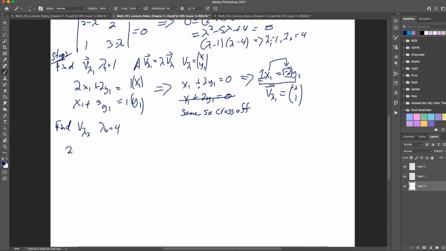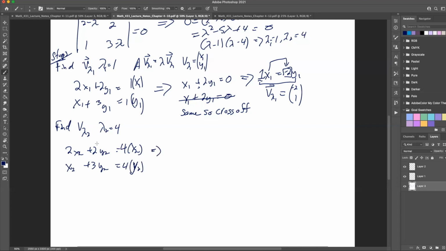So here we have 2x2 plus 2y2 equals 4x2, and then we have x2 plus 3y2 equals 4 times y2.